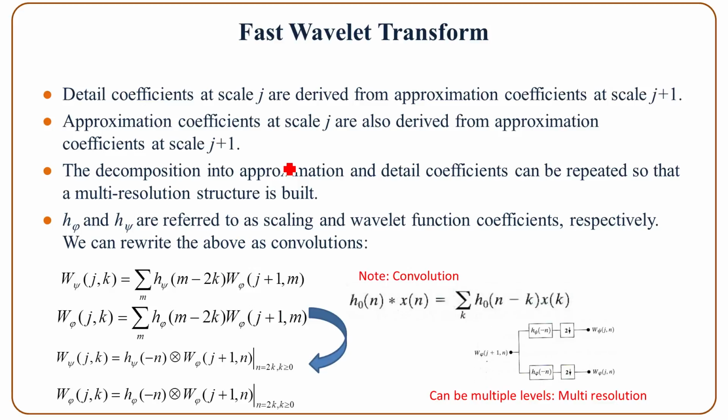In order to compute the discrete wavelet transform, we use an algorithm called the fast wavelet transform. Basically, the detail coefficients at scale j are derived from the approximation coefficients at scale j plus 1. And similarly, the approximation coefficients at scale j are also derived from the approximation coefficients at scale j plus 1.